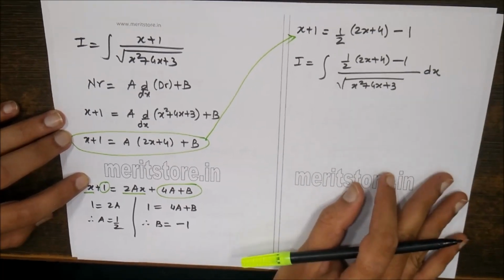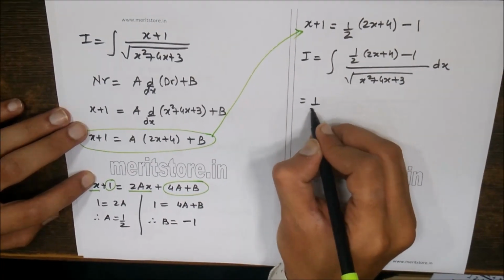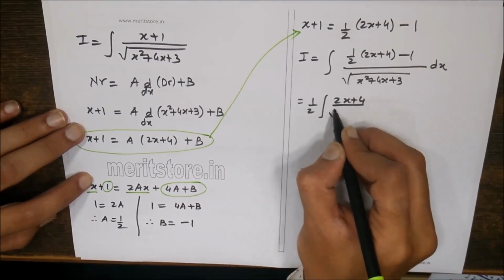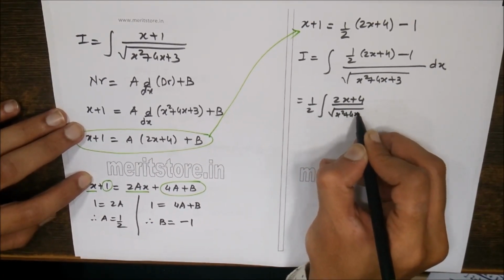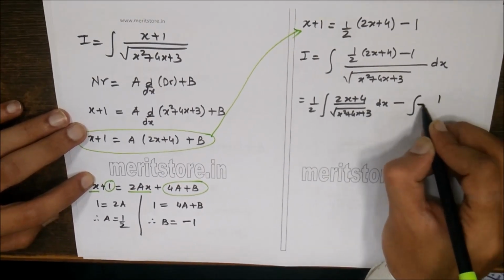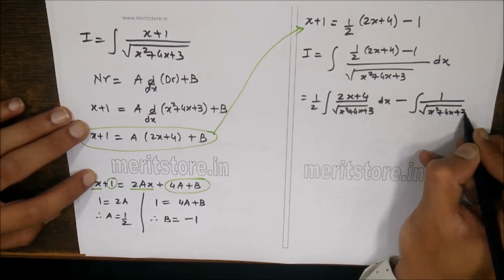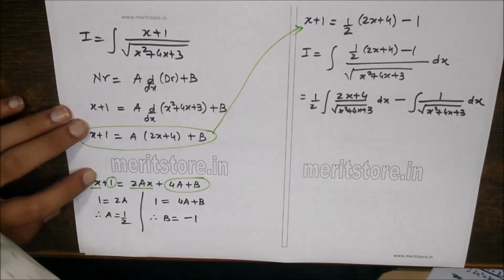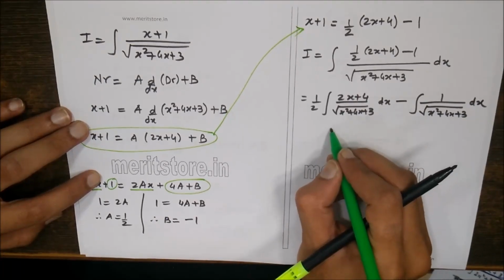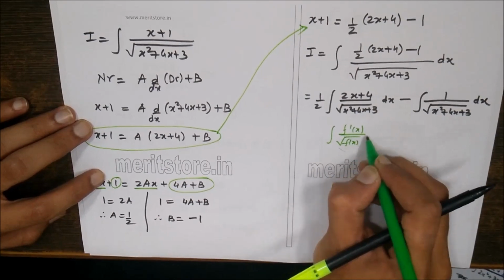Now, as done in the previous case, we'll be splitting these two terms. Half of integral of 2x plus 4 upon root of x square plus 4x plus 3, minus integral of 1 upon root of x square plus 4x plus 3 dx. We again get two integrals. This integral is of the category f dash of x upon root of f of x dx.